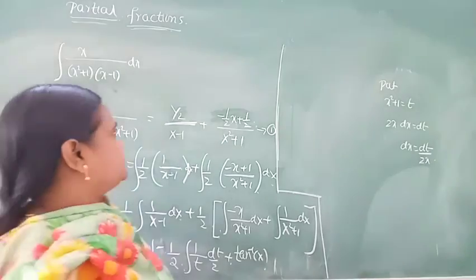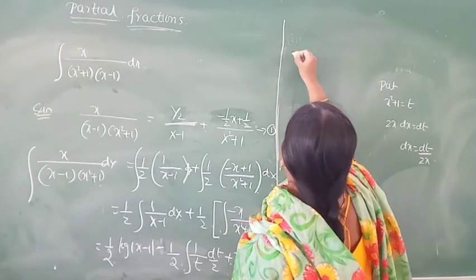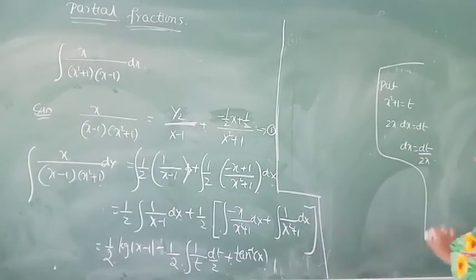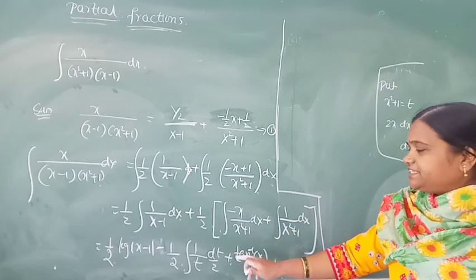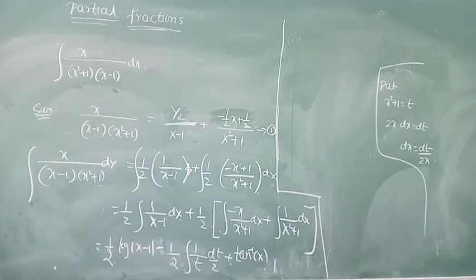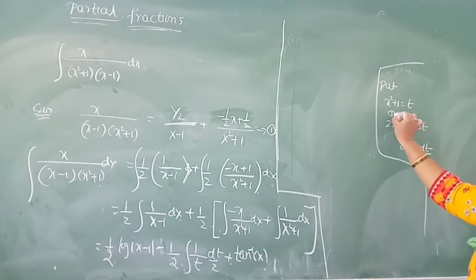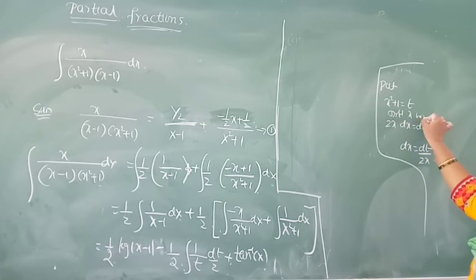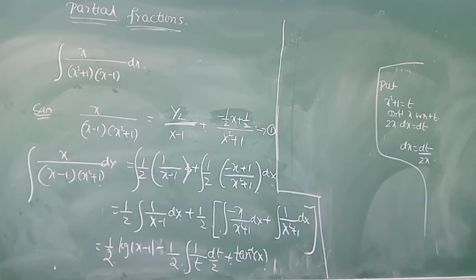Still we want to do the integration. This one we can't do directly, that's why we are taking substitution here. I have differentiated x with respect to t. We have done this so many times, that's why I have written directly.